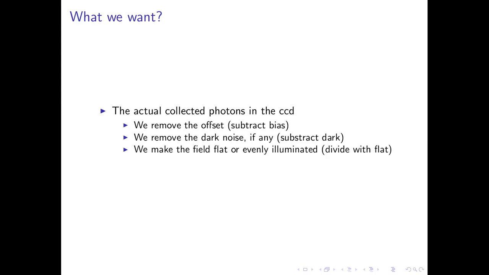Finally, you make the field flat or evenly illuminated by taking an exposure where you don't saturate your CCD on an evenly illuminated surface. Now, a popular thing to do is to take what's called twilight flats, which means that you point your telescope at a given position on the sky, at twilight, and then you can use that to make flats. There's no preferred or demanded exposure time here.